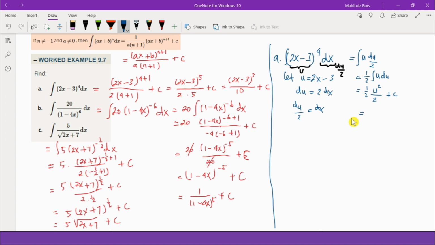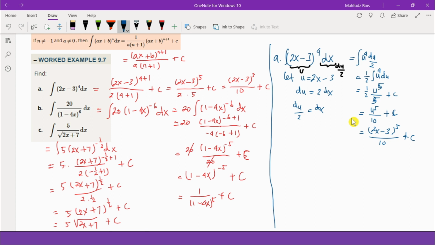I'm sorry, I forgot the power, it is u to the 4, so that one will be 5, and this is 5. After that we can multiply the denominator by 2, so it will be 10, plus c. So in the end we have, with u equal to 2x minus 3, (2x minus 3) to the 5th over 10, plus c.